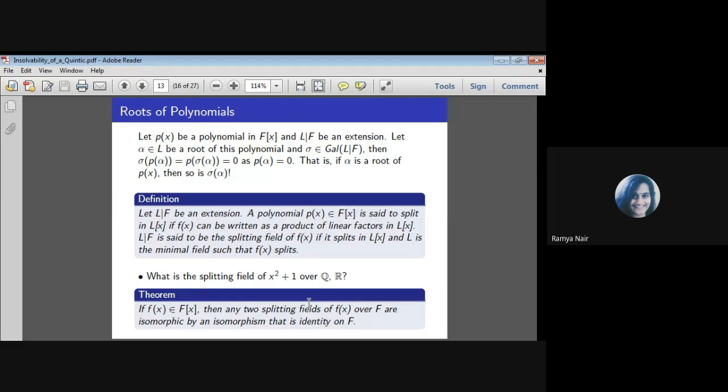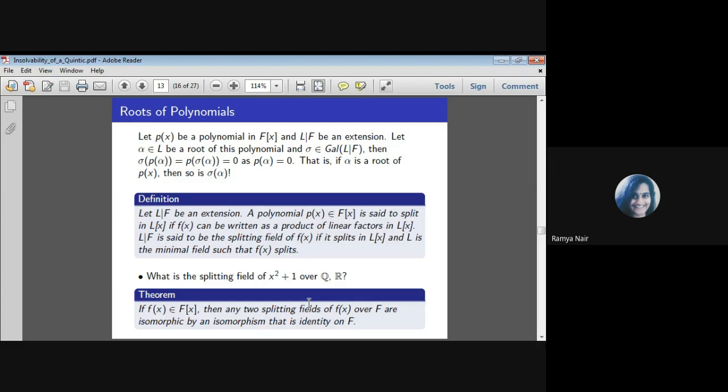Such a field where the polynomial splits into linear factors, and the minimal such field, is called a splitting field of that polynomial. Note x squared minus 2 splits completely over R also, because square root of 2 and minus square root of 2 are both real numbers, but that is not the smallest field where it splits. The smallest field over which a polynomial splits is called the splitting field of that polynomial.